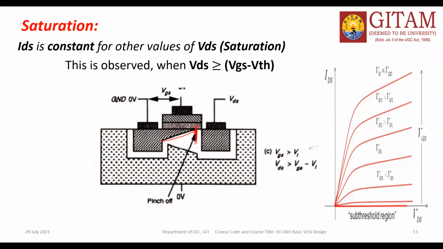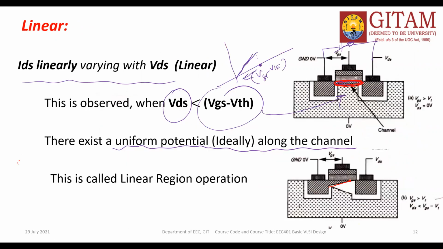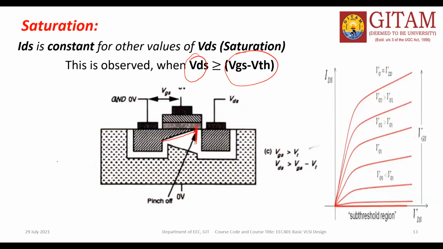When VDS is greater than or equal to VGS minus VTH, this kind of phenomenon is observed. This is called the pinch off mechanism. The channel is pinched off near the drain.